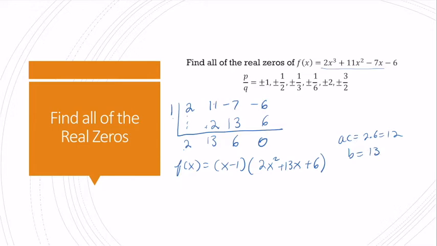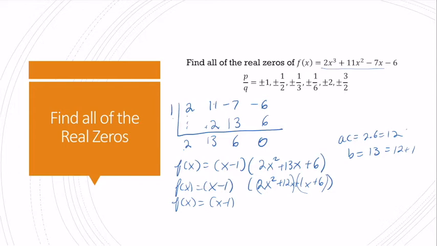So I can rewrite this as 2x squared plus 12x plus 1x plus 6. And now I can factor by grouping. Don't forget your x minus 1.